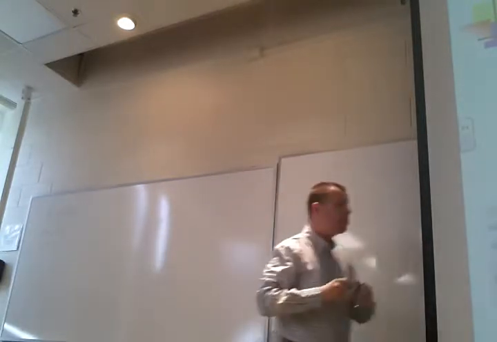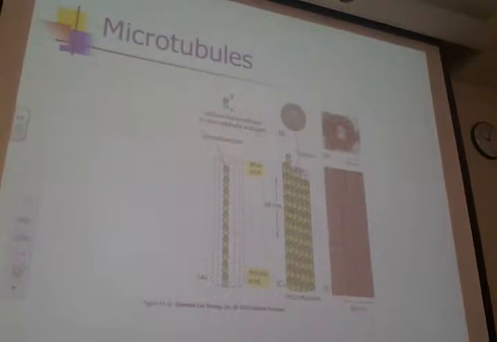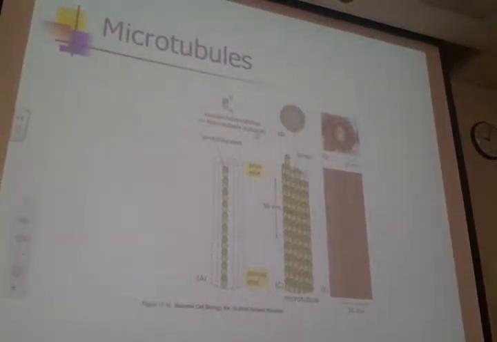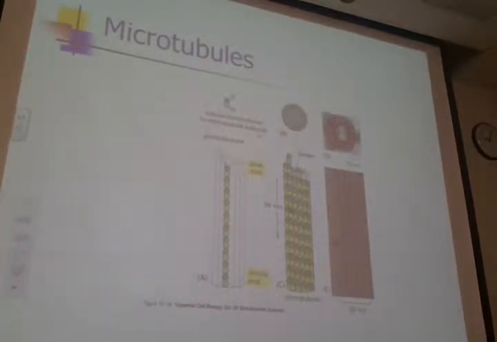And the basic structure, or at least the beginnings of the basic structure for microtubules, is composed of the first two. So the alpha and beta monomers get together to form a heterodimer, as you see at the start up here. And so alpha and beta get together and dimerize.